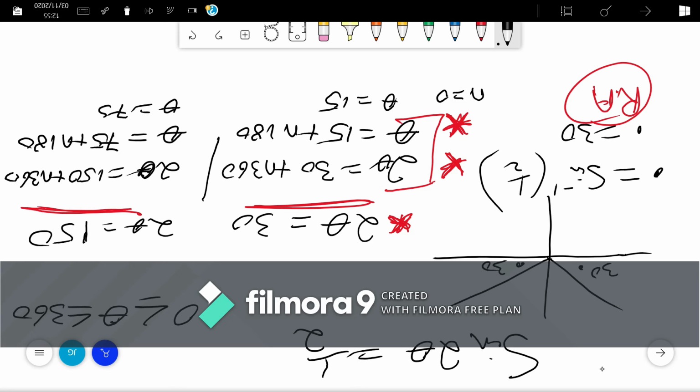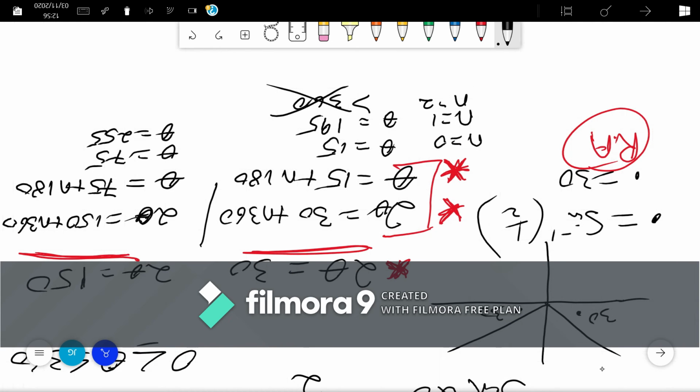And if I try n equals 2, I'm gone beyond the 360, so I can forget about it. So there are my 4 answers to the question then: 15, 75, 195 and 255. There are actually 4 answers to the question.